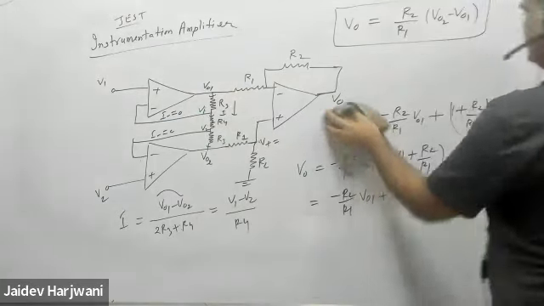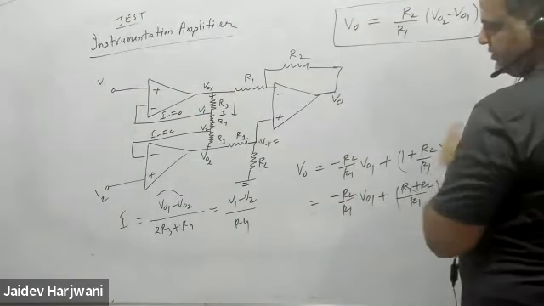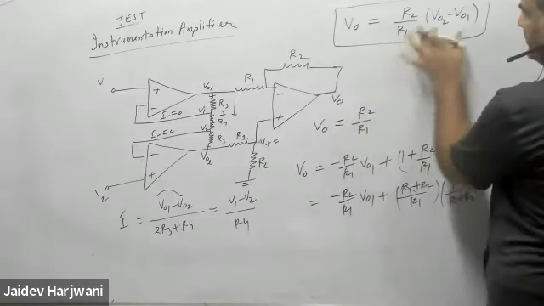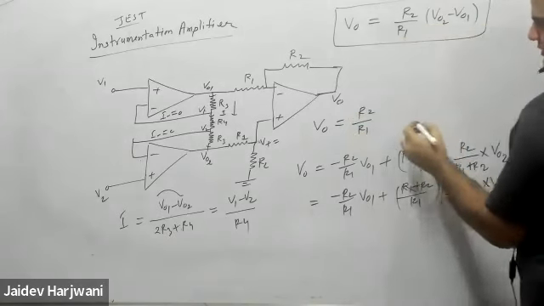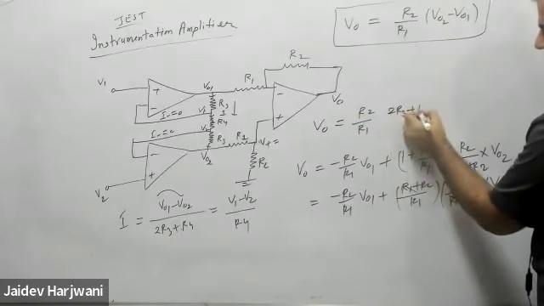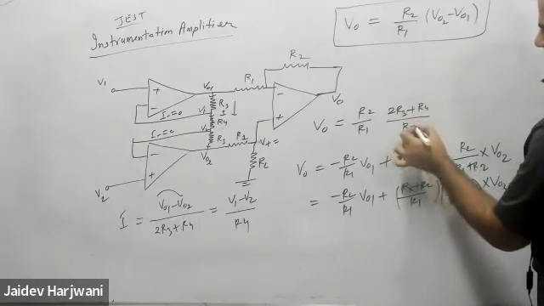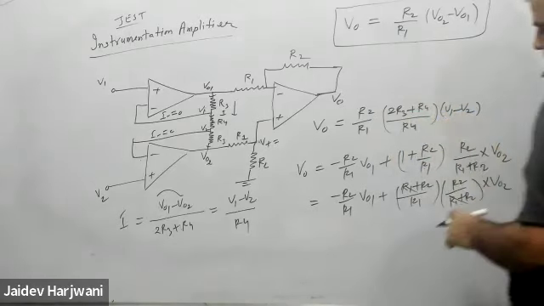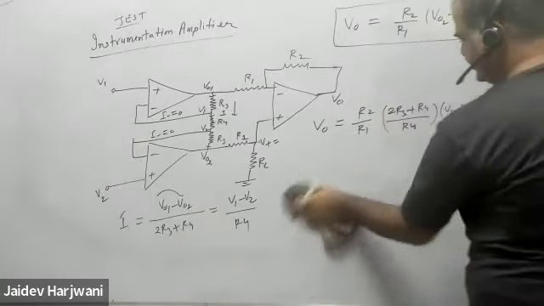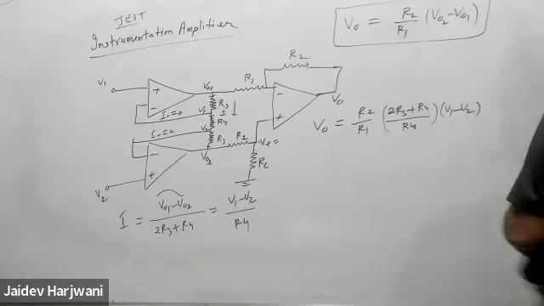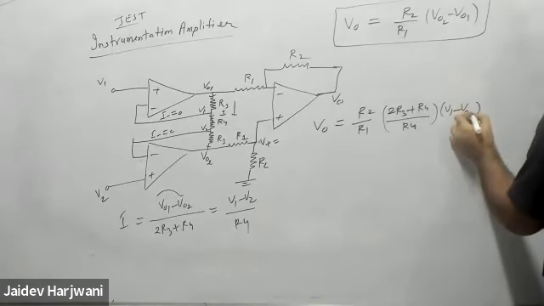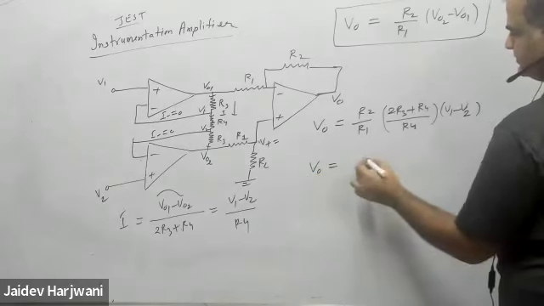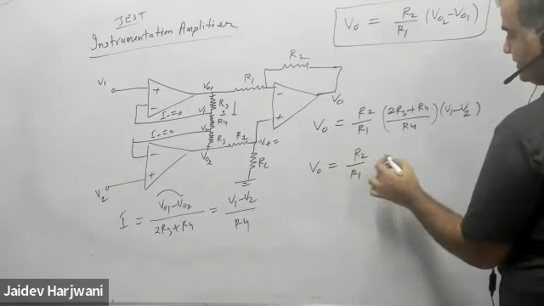Now, V naught will be what? V naught will be now R2 by R1, this value is 2R3 plus R2 by R1.